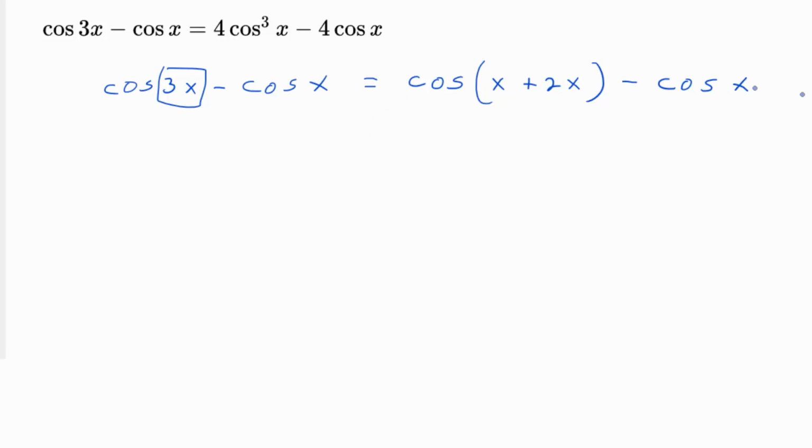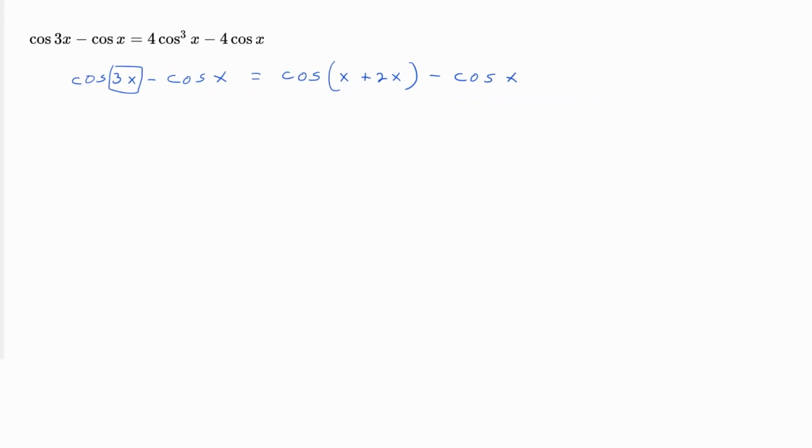cosine. So the sum formula for cosine says that the cosine of alpha plus beta, remember the template is cosine times cosine, and when it's plus here for the sum formula for cosine, we actually have a minus in between the products. So cosine cosine minus a sine function times a sine function.